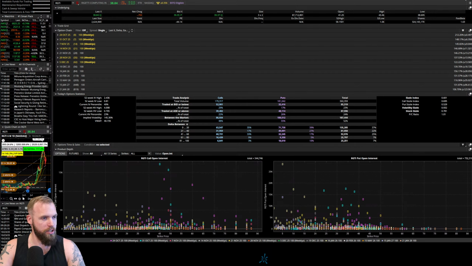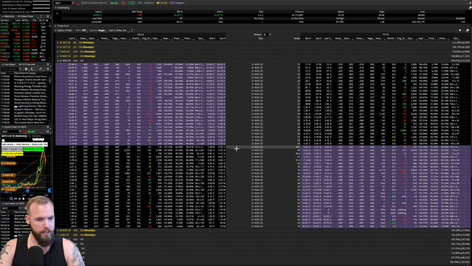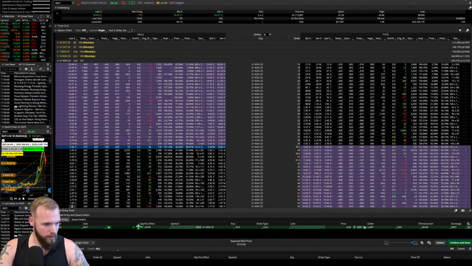So this is really just designed to be a synthetic stock position. I don't really care at all about this. The way that these are designed to work, any sort of back ratio is really designed to try and give you a little bit of extrinsic value.